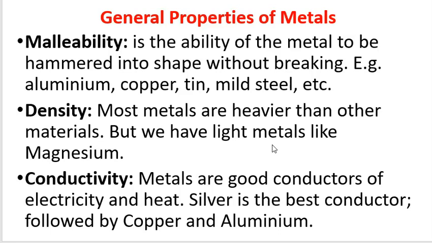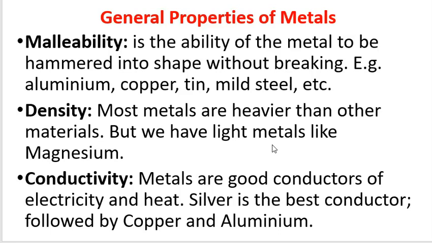All metals are malleable, but we have aluminum, copper, tin, iron, steel, etc. These are obvious in them. The ability of metal to be hammered into another shape, sometimes into flat sheets, without breaking.